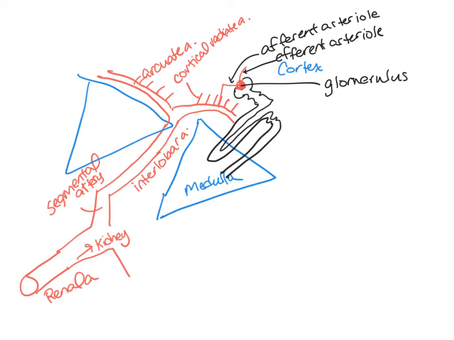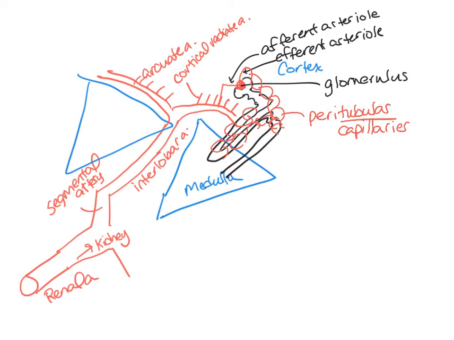So now what's going to happen to that efferent arteriole? The efferent arteriole then will branch off to become capillaries, and those capillaries we call the peritubular capillaries. We call it that because they are surrounding that tubule of the nephron. They'll surround the entire nephron loop, and they'll surround the entire proximal and distal convoluted tubules.